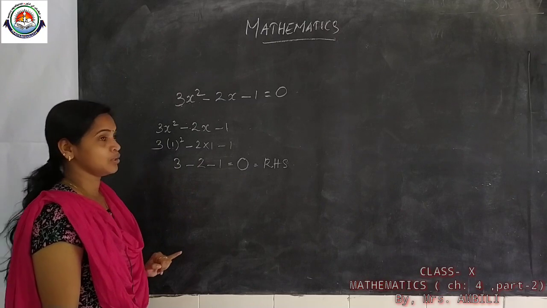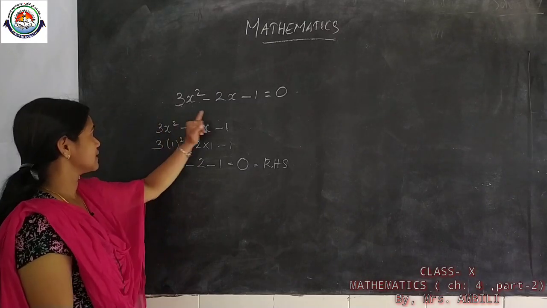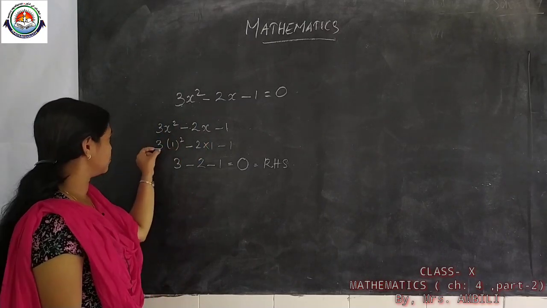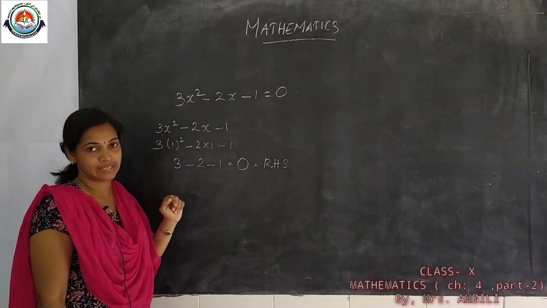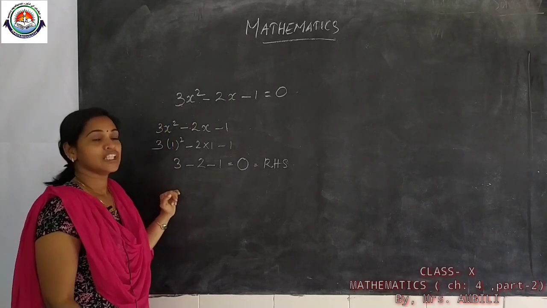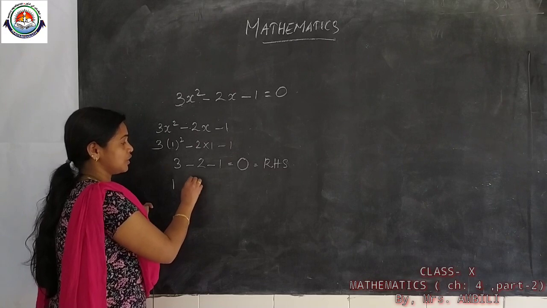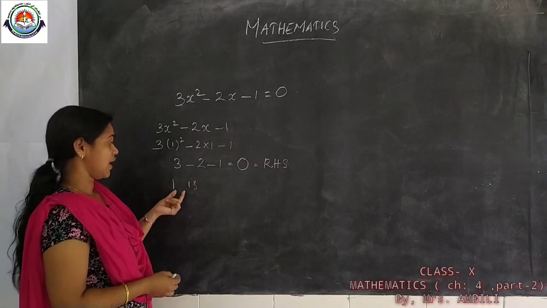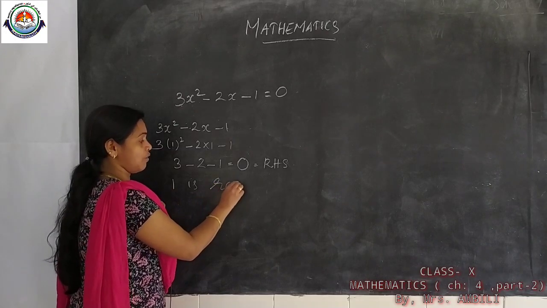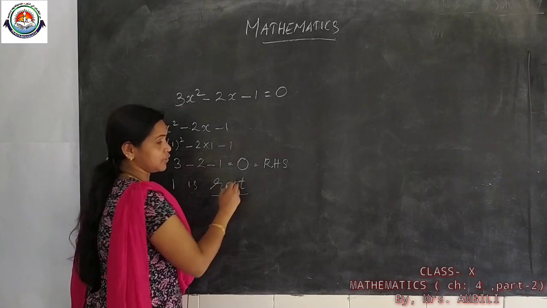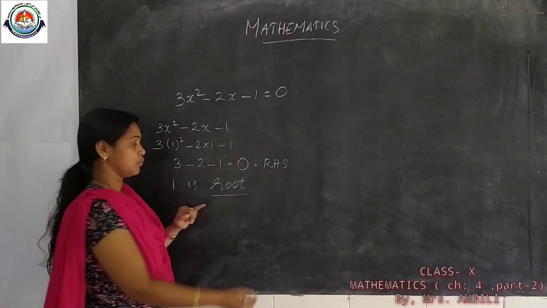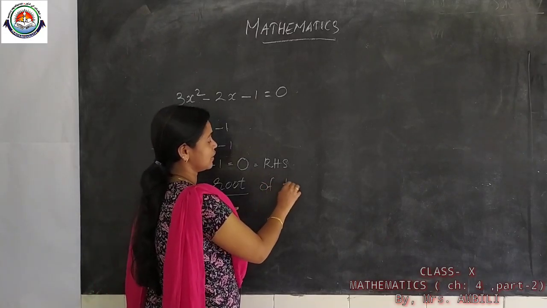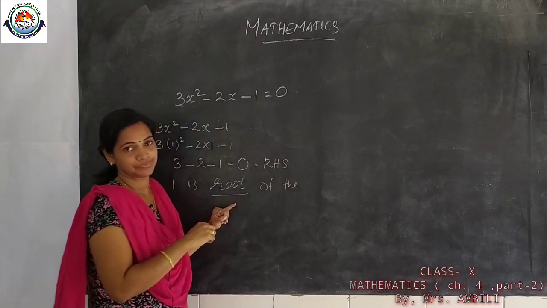So, here what is the solution? 1 is the solution because we substituted 1 instead of the variable x, then we got 0. Therefore, 1 is the solution of this equation and we can say that 1 is the root of the given quadratic equation.